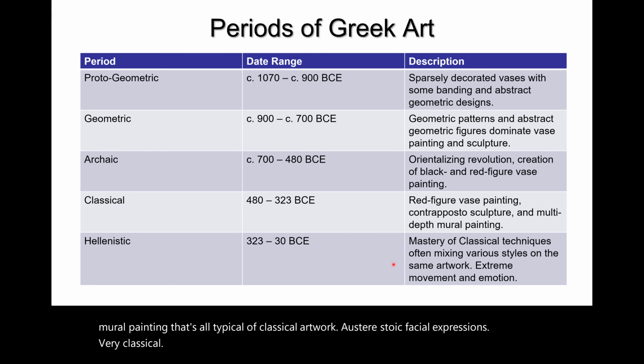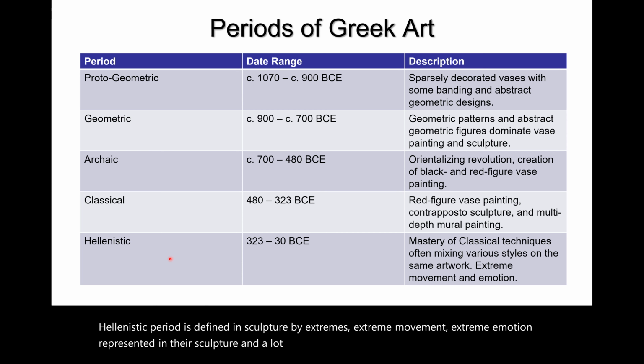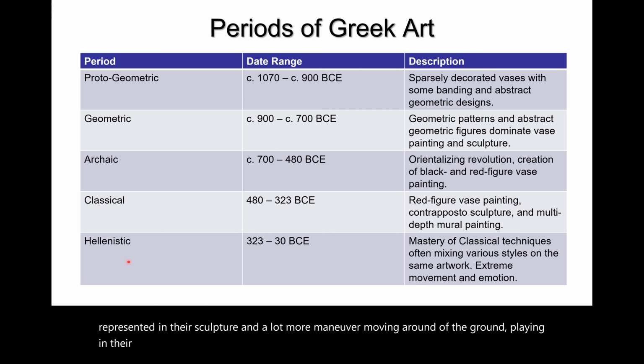The Hellenistic period is defined in sculpture by extremes, extreme movement, extreme emotion represented in their sculpture, and a lot more moving around of the ground plane in their painting. And that's pretty much it.